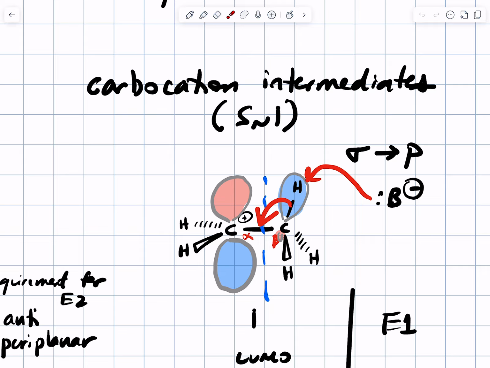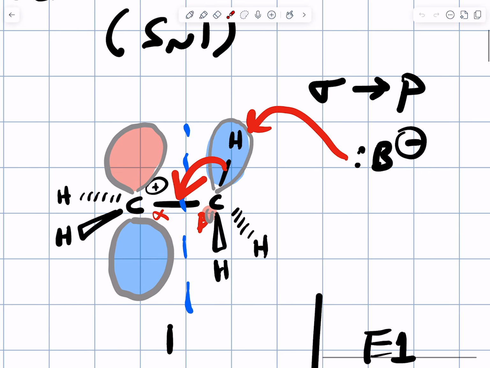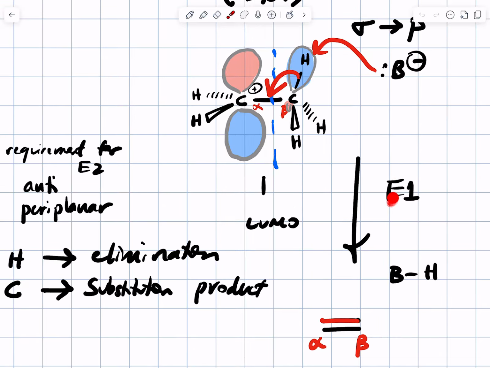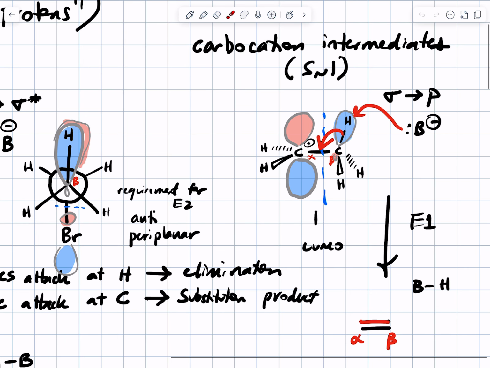Bases are going to prefer hydrogen, nucleophiles are going to prefer carbon, but if we attack at that adjacent hydrogen, then we break the carbon-hydrogen bond, the electrons in that bond dump into the empty p orbital, and we create a new pi bond. And so we call this an E1 reaction. It's an elimination reaction in the sense that we made an alkene. I didn't show you the step where the leaving group leaves because that's the previous step.